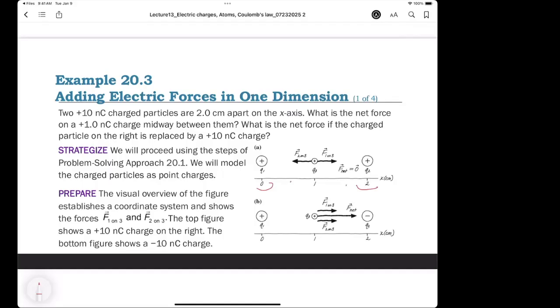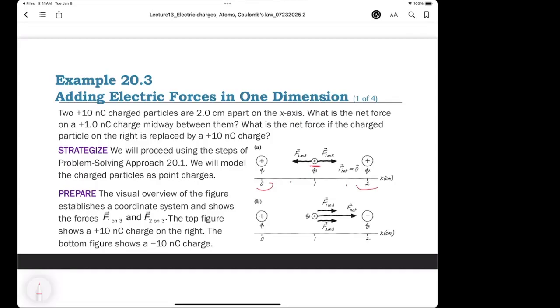What is the net force on a 1 nC positive charged particle midway between them? What is the net force if the charged particle on the right is replaced by a negative nC charge?